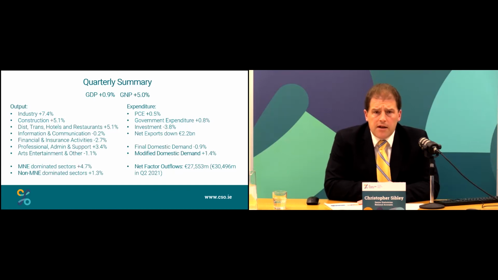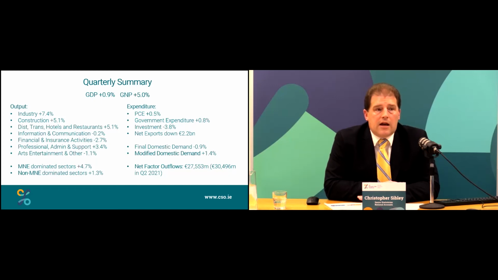And summing up the output side, between M&E and non-M&E dominated data on the bottom of the slide on the left, the non-M&E sectors are growing 1.3%. And that chimes very well with the modified domestic demand measure on the other side of the slide under the expenditure method. That's growing 1.4%. The net factor flows are lower in the quarter because of some of the timing issues around profits, and that leads to the higher GNP result of 5%.